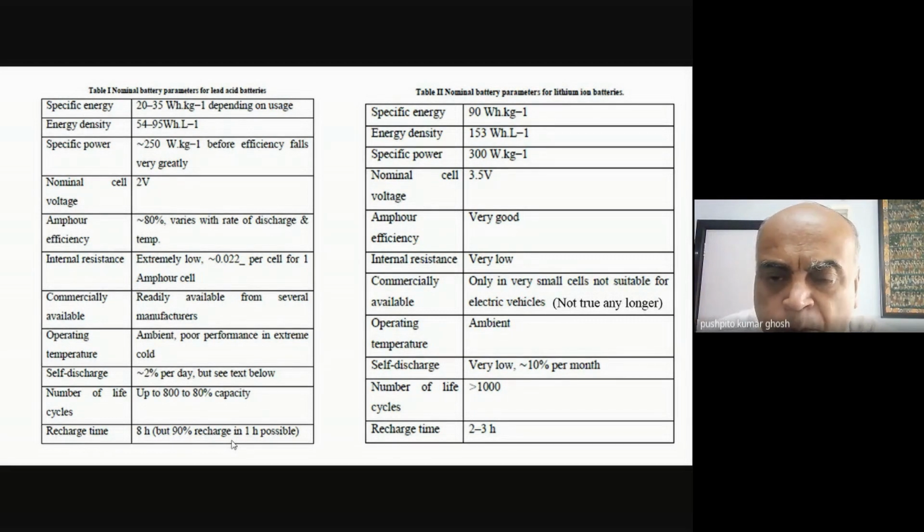You'll need so many points. So obviously, this is the big area of research, rapid charging.